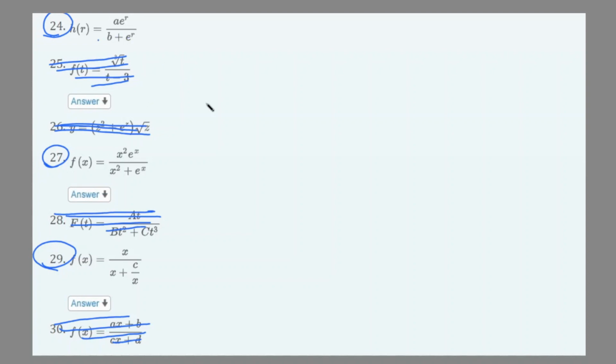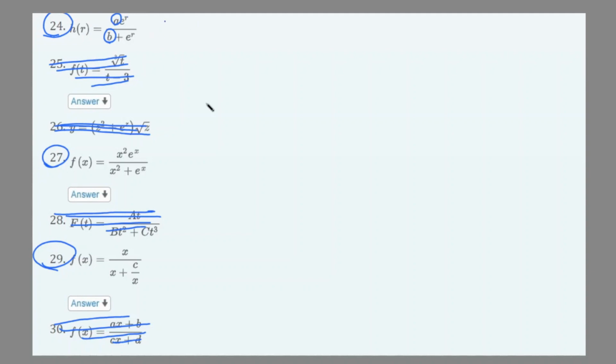All right, so number 24 is the function h of r, and one thing to note is that a and b are constants in this function, and we're finding a derivative with respect to r.